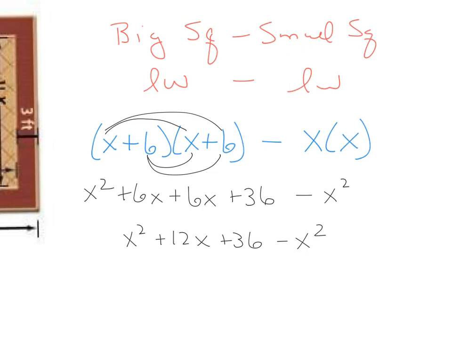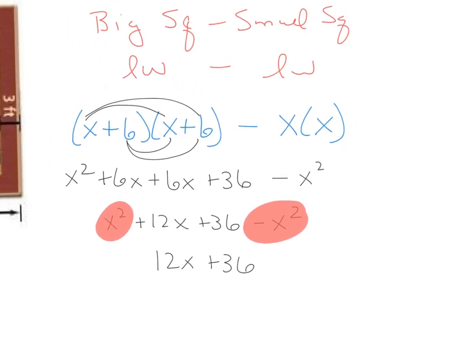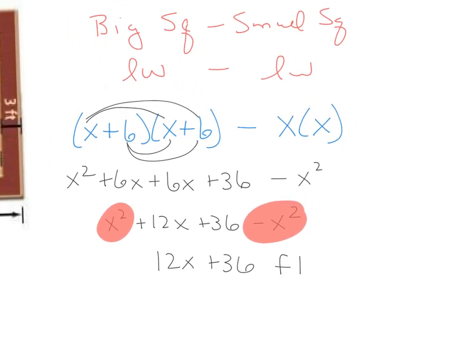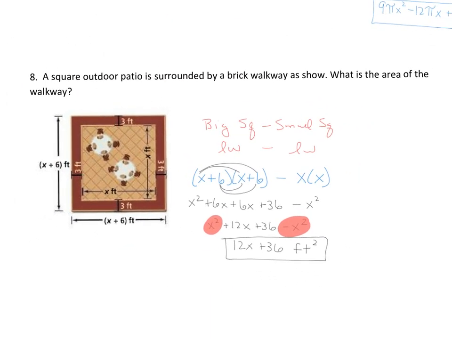So now if I look at this guy right here, I got x squared minus x squared. Well, what's going to happen with those? Those are going to cancel out. So your answer is going to be 12x plus 36. Now, they do have labels on here, feet, so we need to go ahead and say feet squared. Okay. All right, that concludes the notes for lesson 8-4.